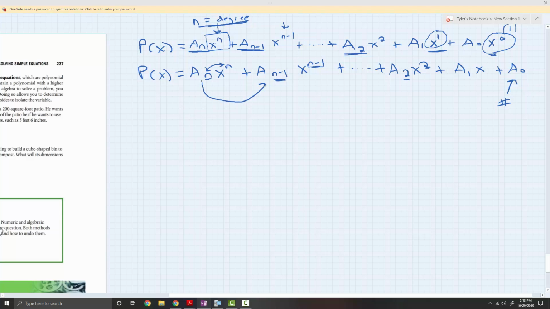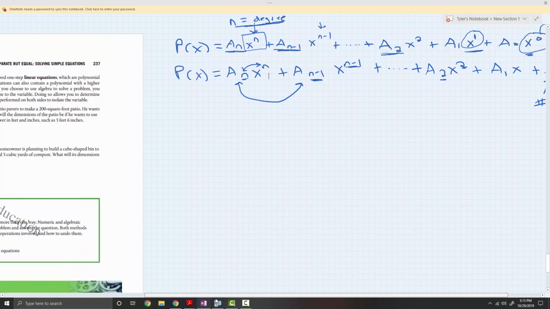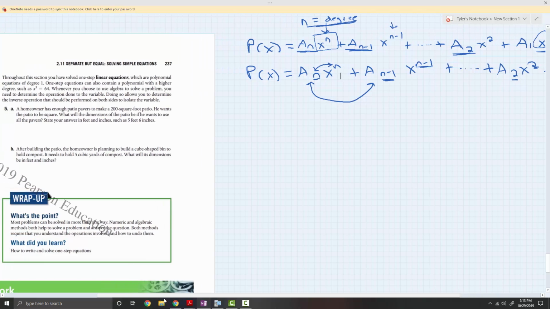So the nice thing about using these subscripts is the exponents match, but also it's clear that a sub n is not necessarily the same as a sub n minus 1, right? They could be the same, but they're not necessarily the same, right?